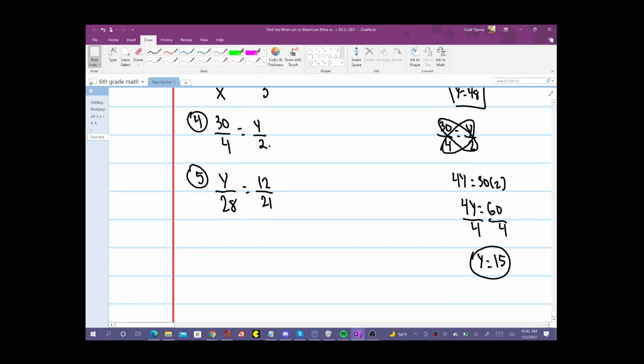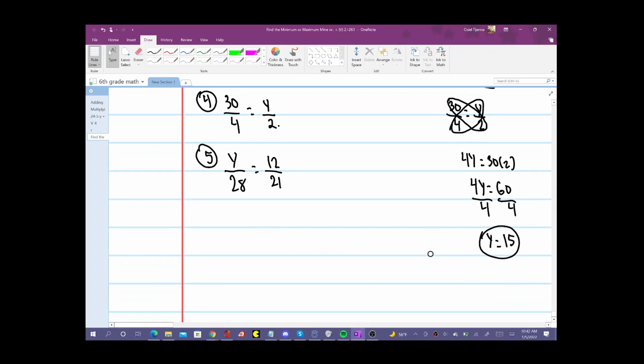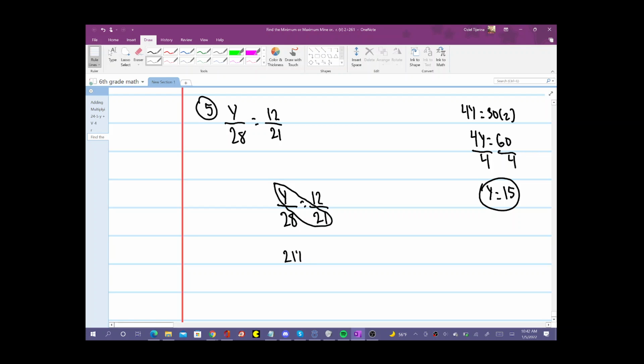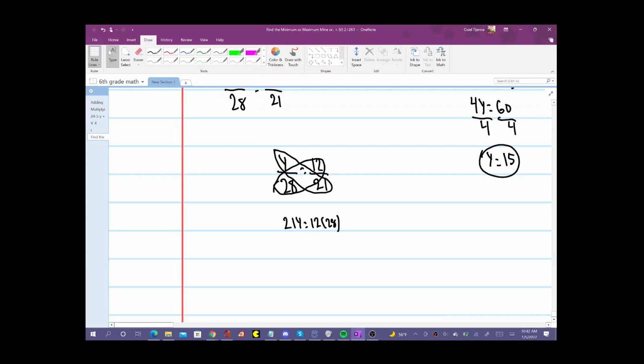Okay, and then this one, we have y over 28 equals 12 over 21. We have 21y equals 12 times 28.